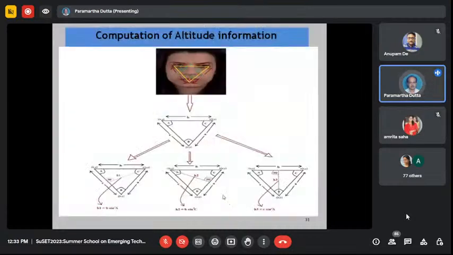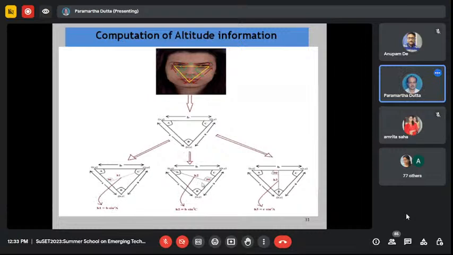So let me explain. Consider this is our face, for example. Now let us introduce the concept of altitude for the present context. If this is a triangle, say ABC, there are three altitudes, say H1.